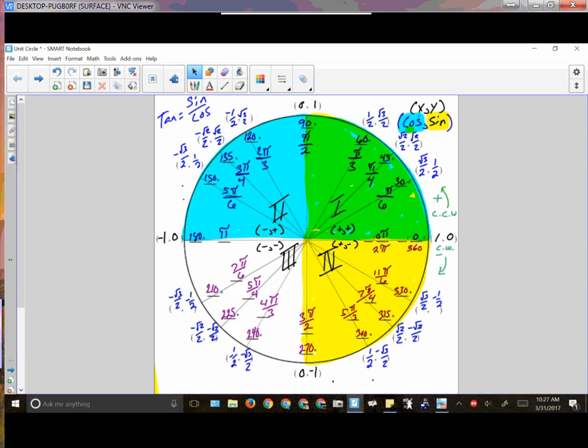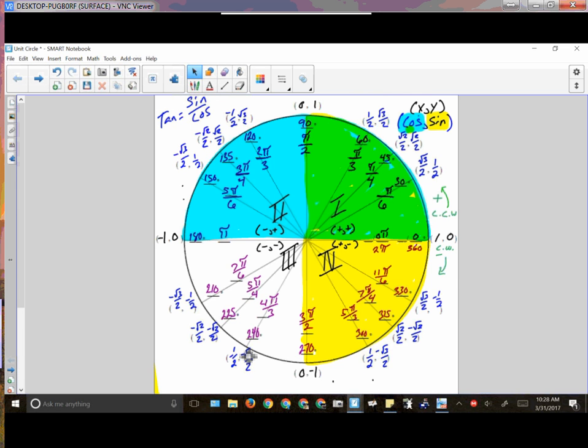So I go back to the unit circle. Do I see a sine that is going to be square root 3 over 2? Pi over 3. So square root 3 over 2, but it's got to be which kind? Negative. So it would end up having to be down here at 4 pi over 3, right?